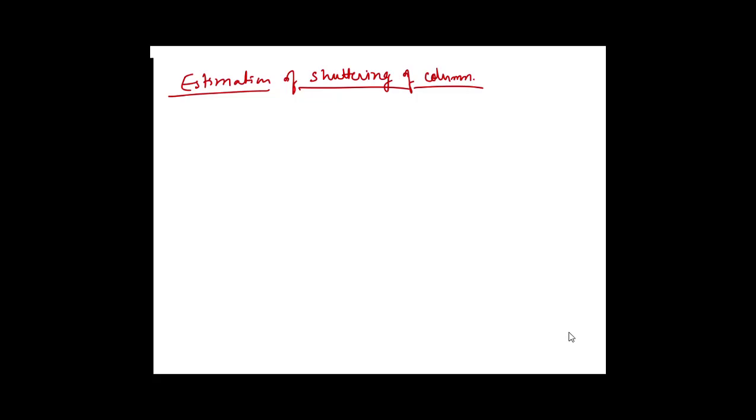Hello friends, in the last video lectures we had discussed how to find the shuttering quantity of footing as well as plinth beam with the help of the IS 1200 code that tells about measurement of items. So today in this video lecture we are going to discuss how to find or measure the shuttering quantity of column.